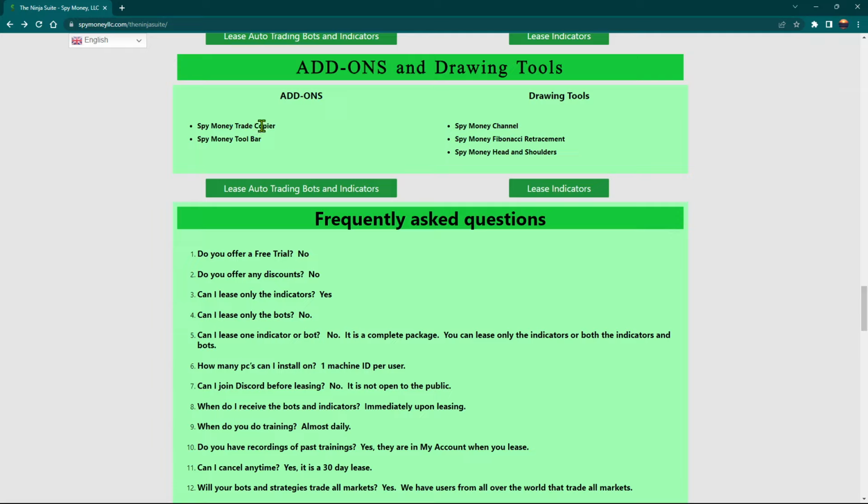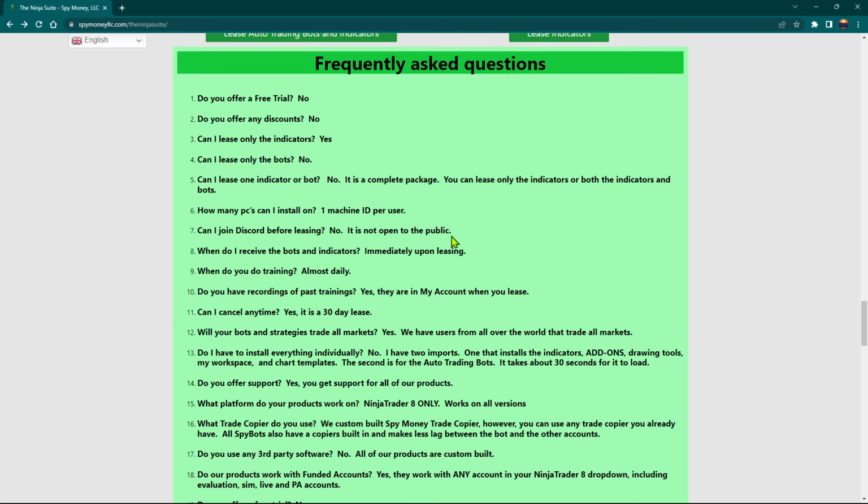And then the signal has to be sent from the copier to the chart. There's lag there, there's delay. So really what you need to do is have a bot that sends the signal automatically so there is no delay, and you have less slippage this way, less if any. Between accounts with the stop, sometimes it's going to be a little different, but the entry is going to be pretty much the same.